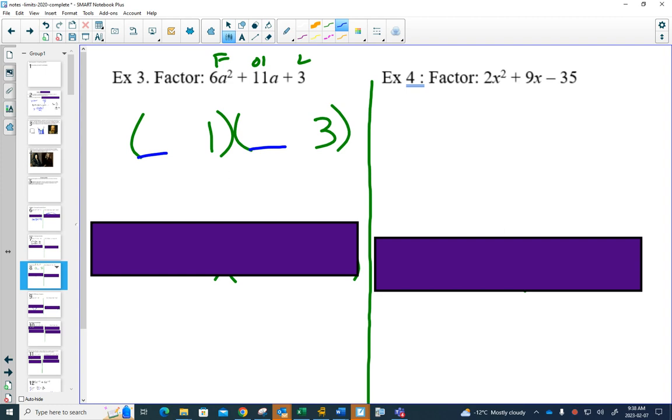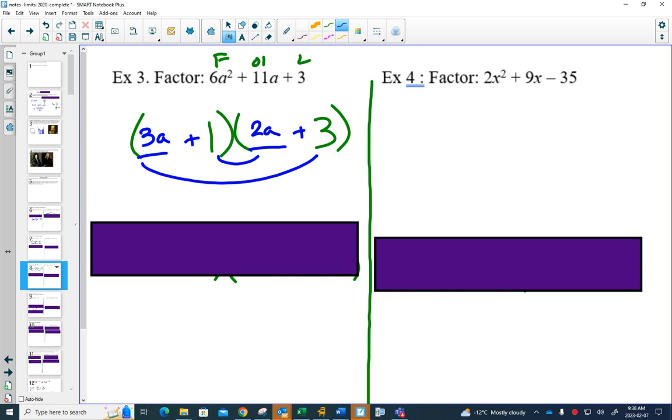If I then try 2 and 3, if I try the 2 here, the outside would be 6 and 3, that doesn't work. But if I try the 3 and the 2 here, I now see that this is 9a, that's 2a, and that would give me 11a. I can put plus and plus.